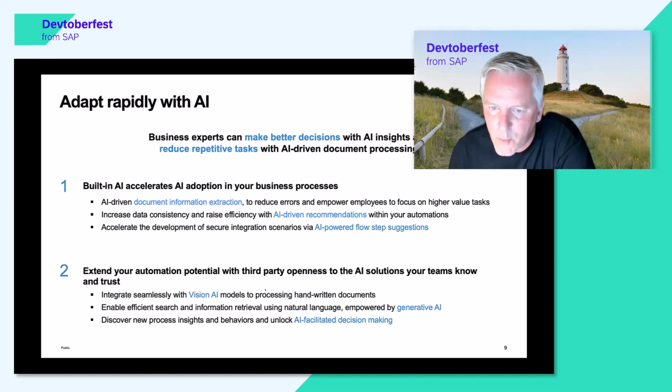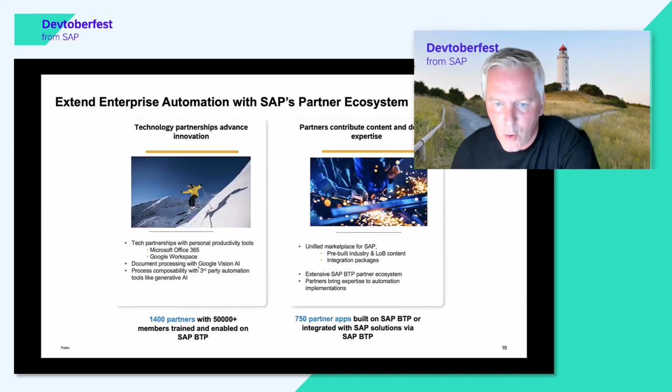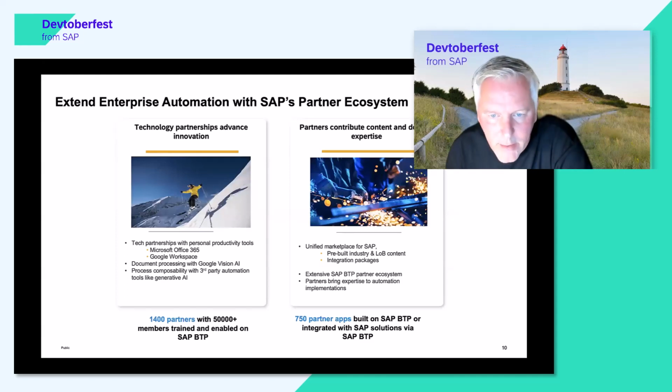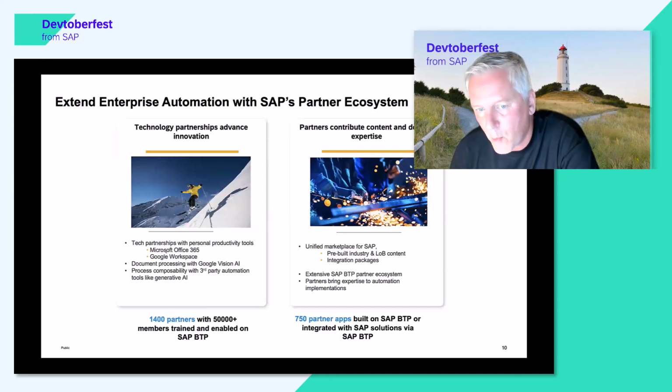And we're working, of course, with a lot of partners, and Vision AI I just mentioned. So we have a fantastic partnership with Google, not only integrating to the Google Workspace with Google Workspace SDKs, but also enabling handwriting recognition with Google Vision AI. We're working also with Microsoft, not only on the SDK for Microsoft Office 365, but also bringing Microsoft automations into an end-to-end process, because that's what it's about.